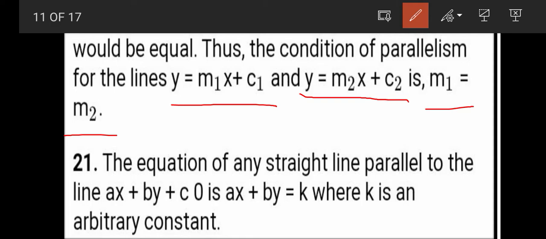The equation of any straight line parallel to the line a1x + b1y + c1 = 0 is ax + by = k, where k is an arbitrary constant.